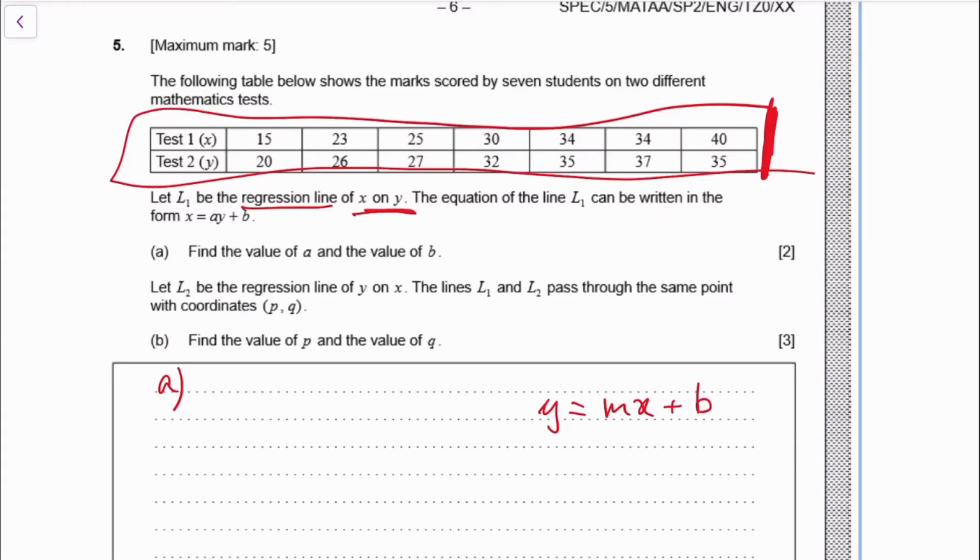But the question wanted x equal to ay plus b. That simply means for the y you should input x, and for the x you should input y. So when the calculator asks for the x values, you put in the y values, and for the y, put in the x.